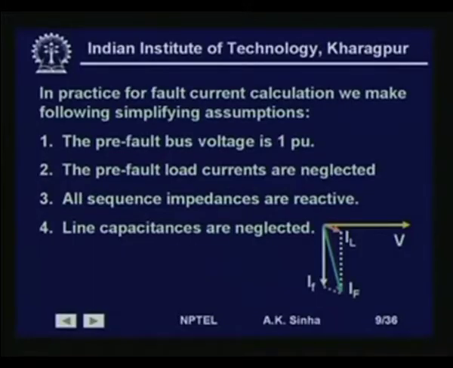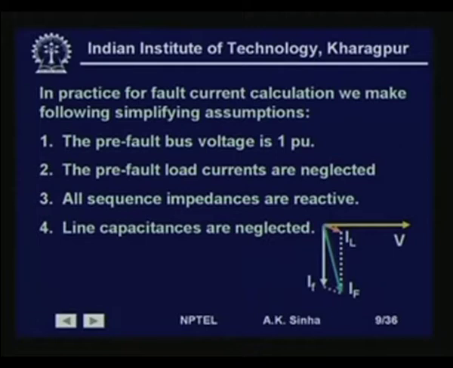So, therefore, the angle between the load current and the voltage will not be large, whereas we know that the resistance of most of the equipment in power system is much smaller than the reactance.